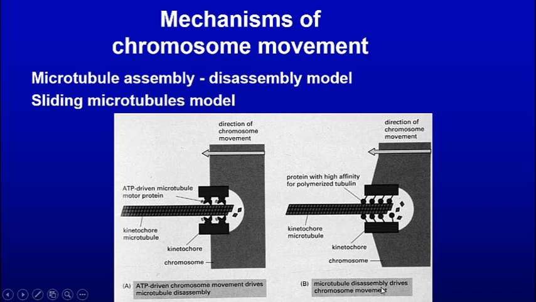And then you have microtubule disassembly driving the chromosome movement. So either disassembly makes it move, or it disassembles after it has moved through. But in either case, the microtubule is disassembled in the process of movement.